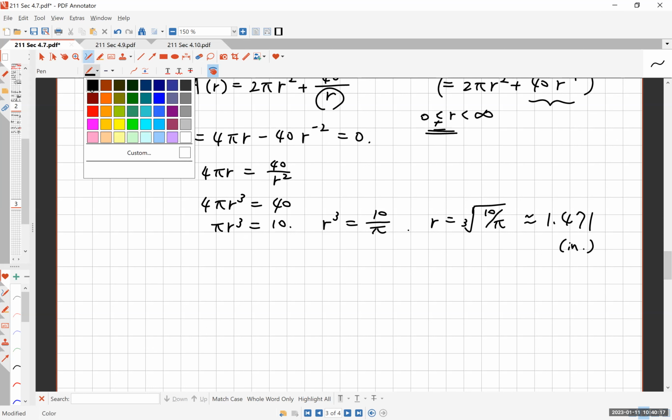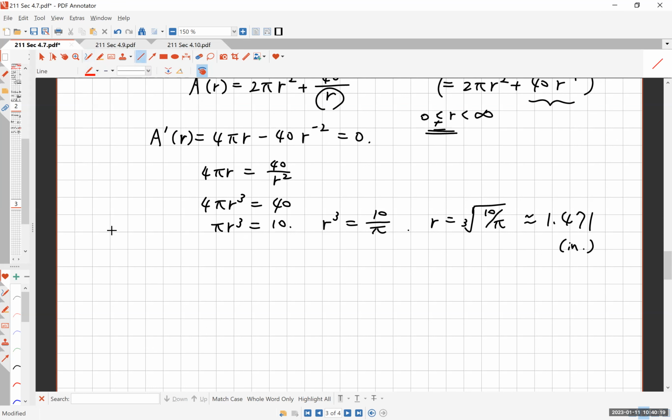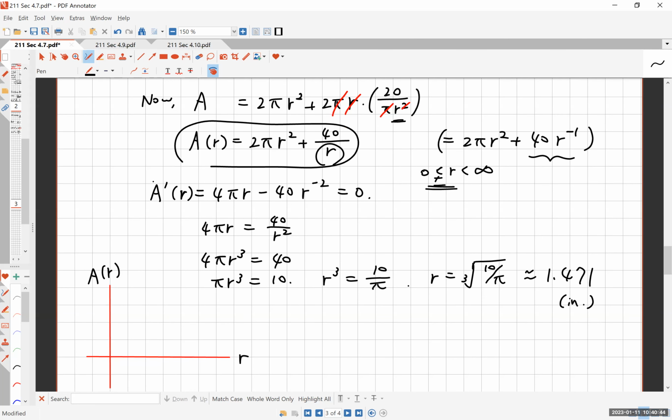So let's do a little analysis and figure out what we can tell. Because in this case, there is no endpoint, right? What is going on here? Well, it is first of all a rational function, so you're going to have some asymptote. r is here, and A of r is on the vertical axis, and we are trying to draw the graph of that function, and you realize the limit of A of r as r approaches 0 from the positive side.